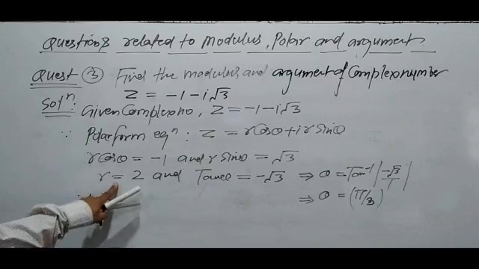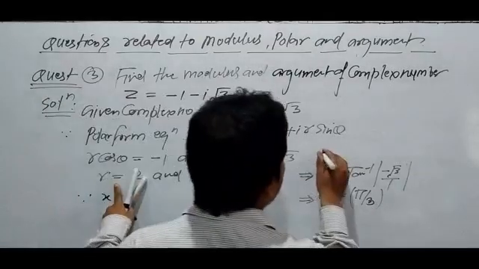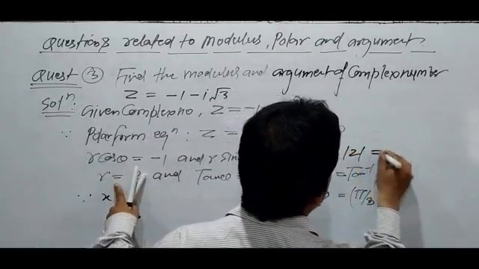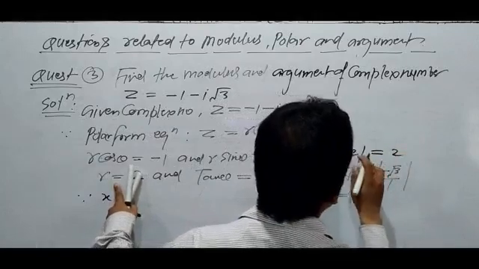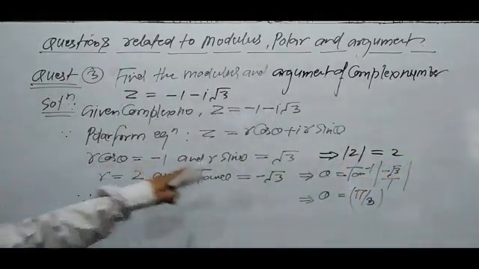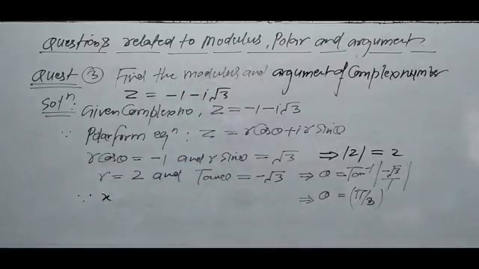from this expression r is equal to 2, this implies the modulus of z is equal to 2, because this is a simple calculation, square and add, since you have to find the modulus.